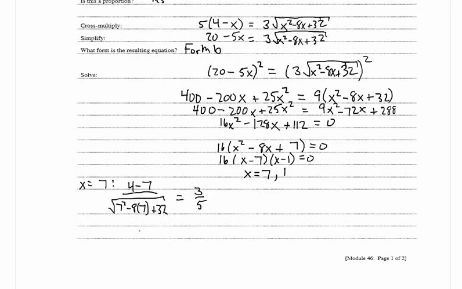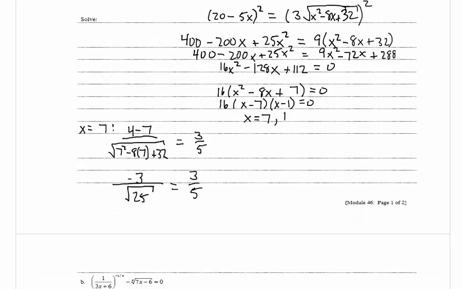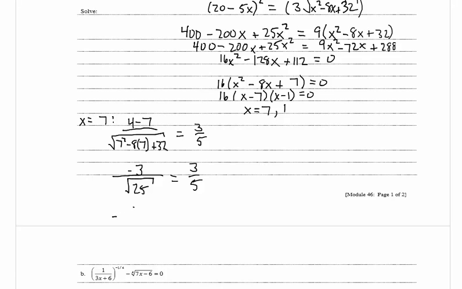And now 4 minus 7 is negative 3 divided by the square root of 7 squared, which is 49, minus 8 times 7. 8 times 7 is 56. So we have 49 minus 56 is negative 7, plus 32 is 25, is equal to 3/5. And then we have negative 3/5 is equal to 3/5 is false, so it will not be part of our solution set.